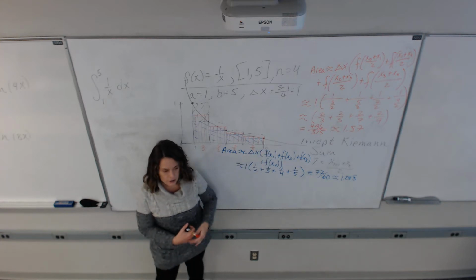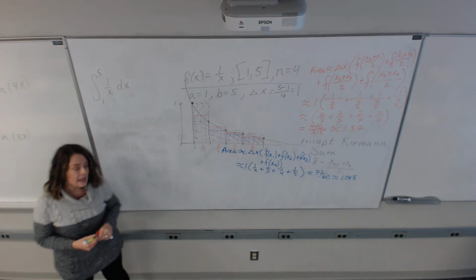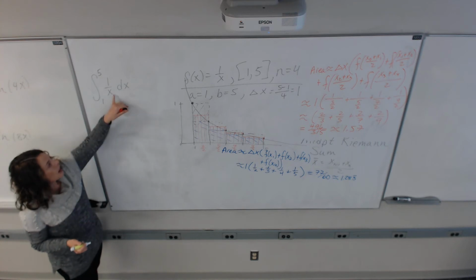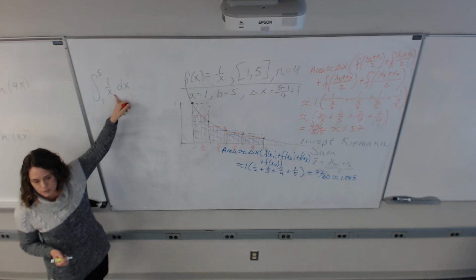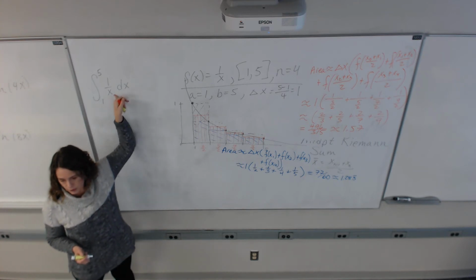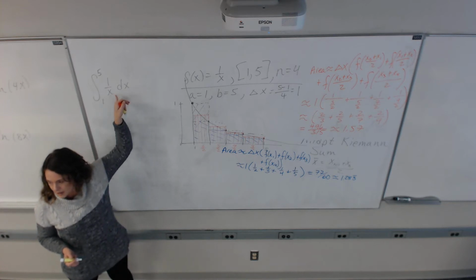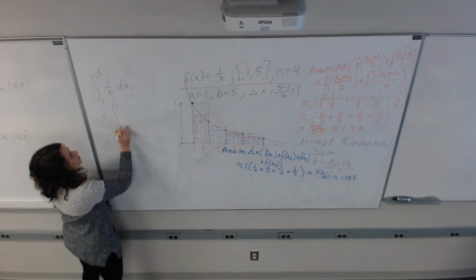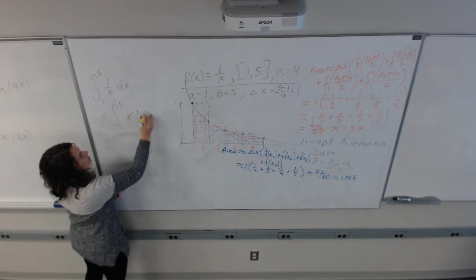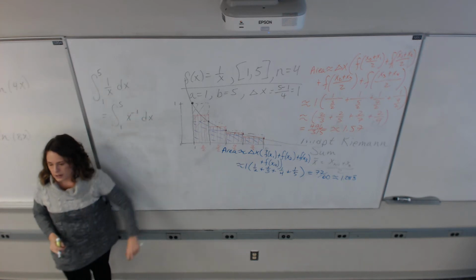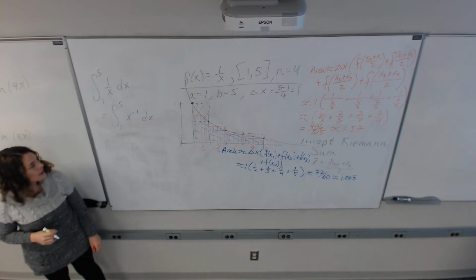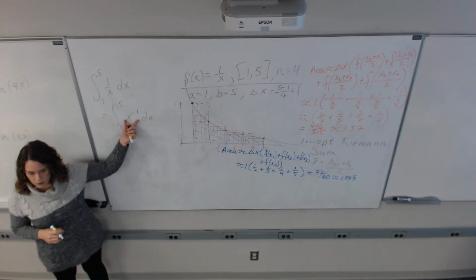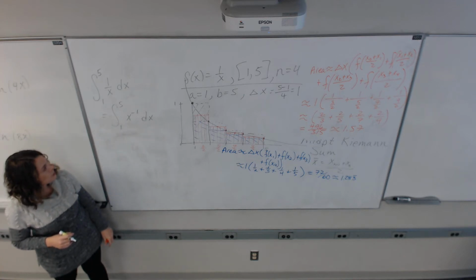All right? How do you do that? You use the indefinite integral. How would I convert this into a form that's more easily integrated? X to the negative 1. Put it in power form. So I'm going to write this as x to the negative 1 dx. I'm ignoring the 1 to 5 for right now. Now undo the power. So how do you undo? Oh shoot, I picked a bad one.